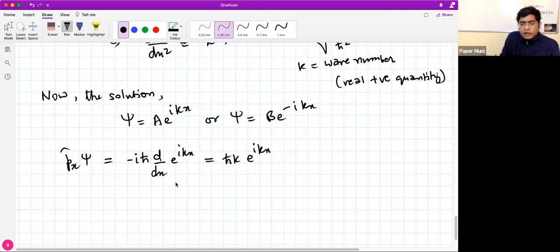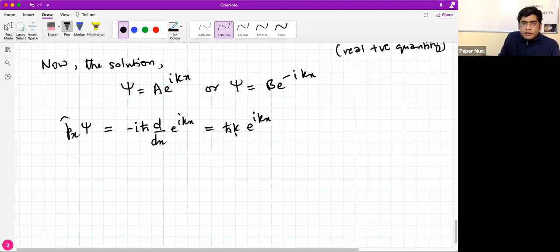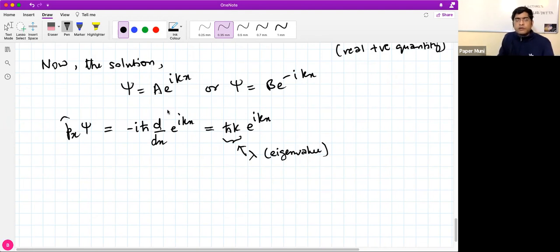You can see that this is an eigenvalue equation, and h cut k is the eigenvalue of the momentum operator in this state. If I try to measure the momentum for this wave function, we'll get this eigenvalue. We know from our earlier discussion that E is equal to h cut omega and p is equal to h cut k.